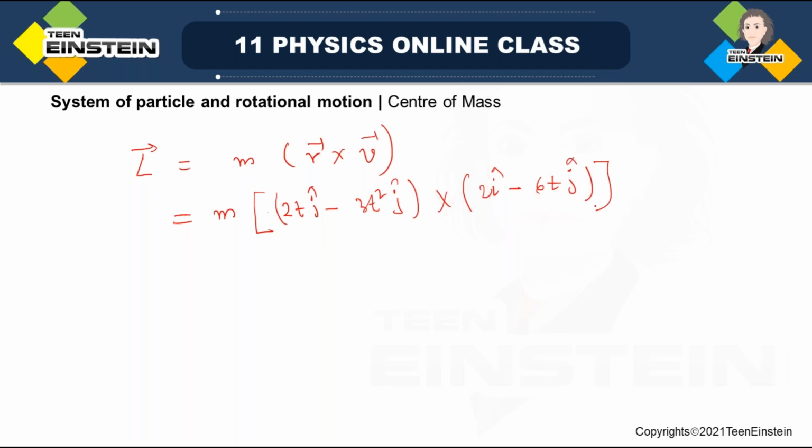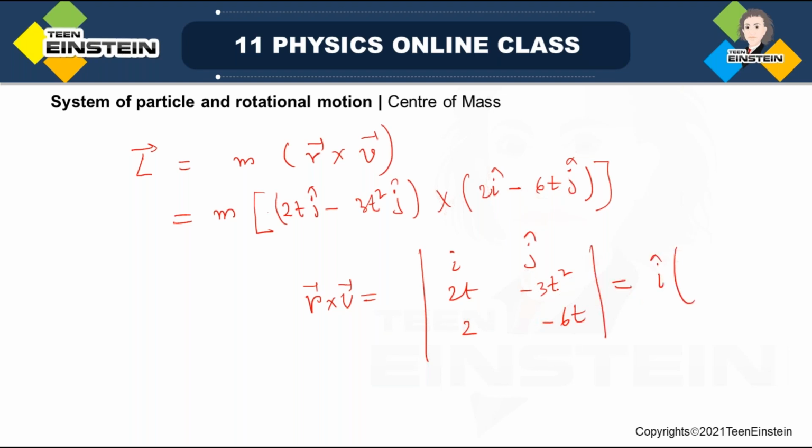Okay, now let us do the cross product r cross v. It is two dimension, so I'll write i j. So 2t here, minus 3t square here, 2 here, and minus 6t. Actually this has two components, so it is not that useful.